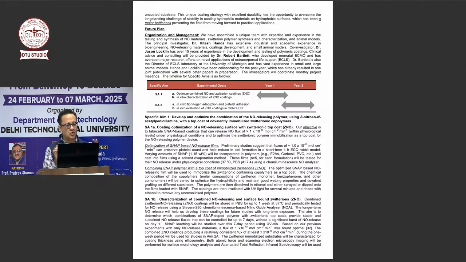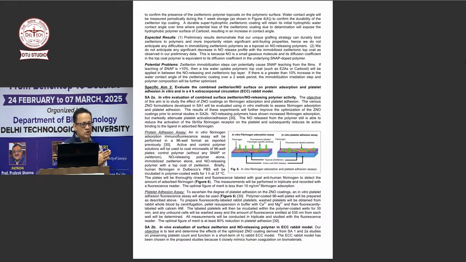You define your coating: I define ZNO as the zwitterion NO coating, so I don't have to write the full name, nitric oxide releasing zwitterion. I'll use ellipsometry for thickness, just enough information so that reviewers can see what you're planning to do.